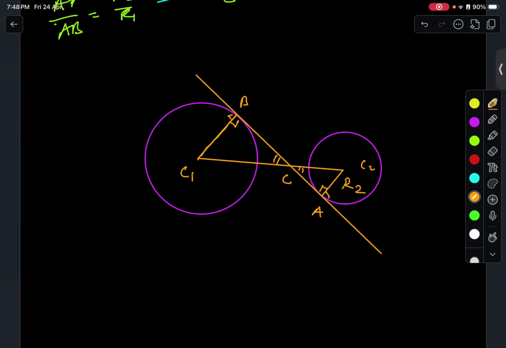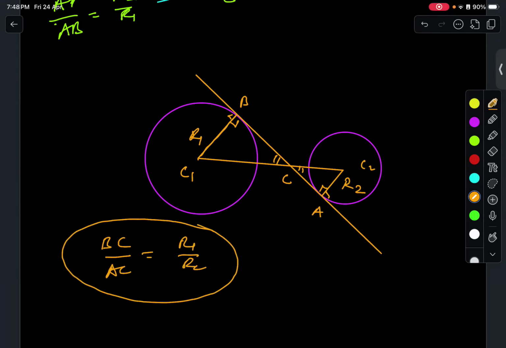If this has radius R2 and this has radius R1, then you are now with BC by AC as R1 by R2. Both the triangles are similar, then again I'm using the same thing.